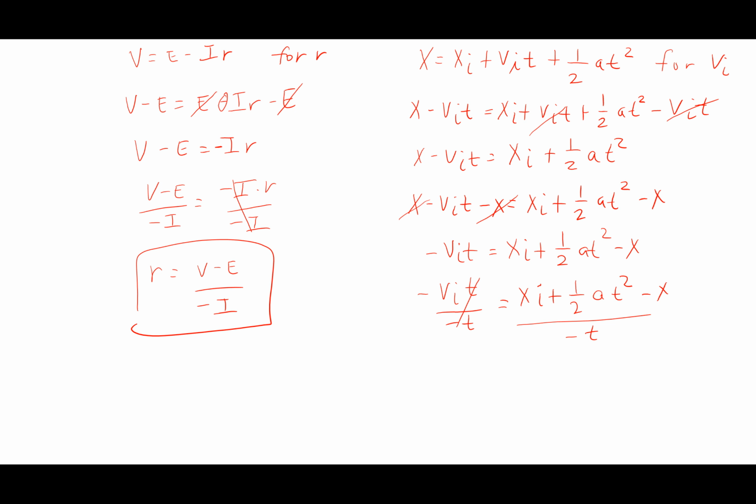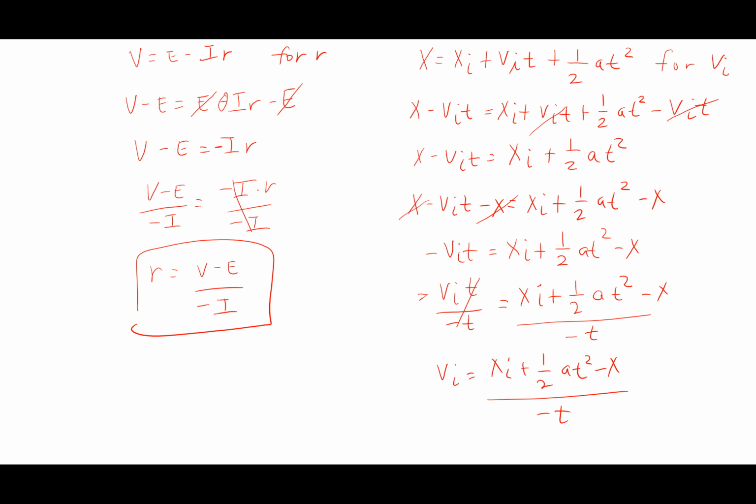Now these two will cancel, and this negative also cancels, so that's going to give you VI equals XI plus 1/2 AT squared minus x divided by minus t.